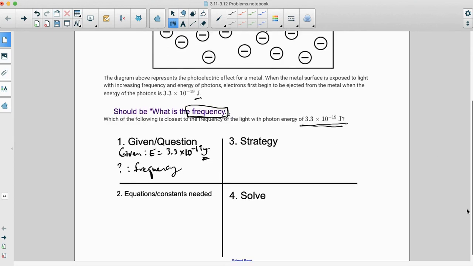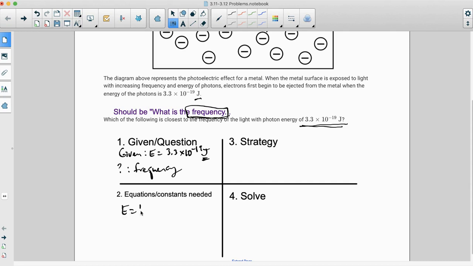Okay, next step in my frame here, I want to figure out what equations and constants I need. So I look here at the given in the question. I have E and frequency. Do I have an equation that relates these? Yes, that would be E equals h nu, where frequency, remember, is nu. So here I have my E, my nu, but I need h, and so I looked that up.